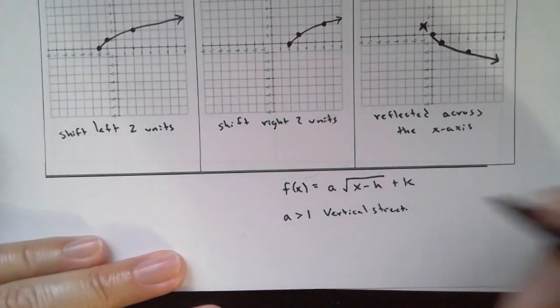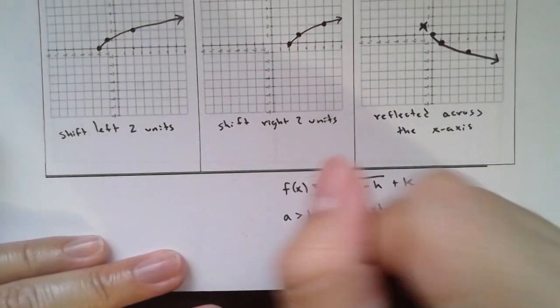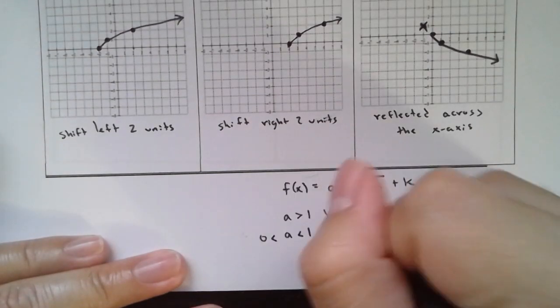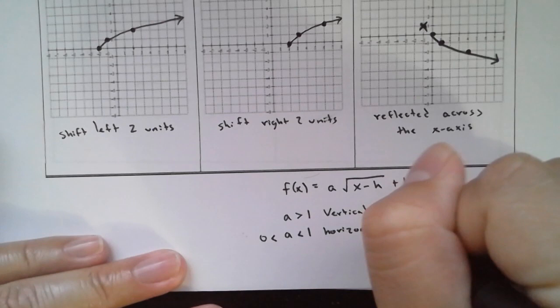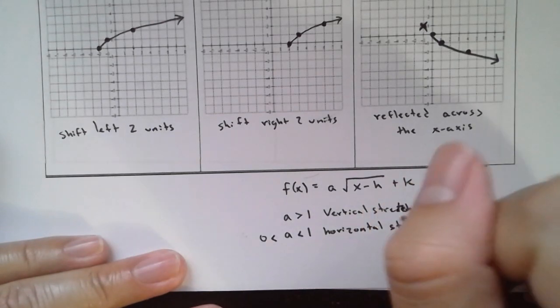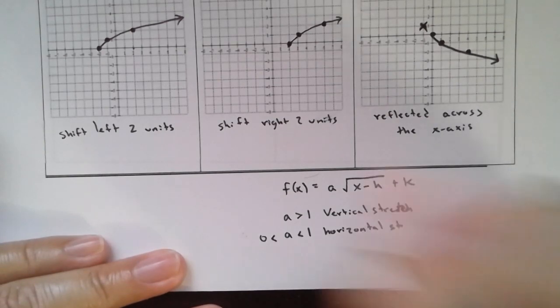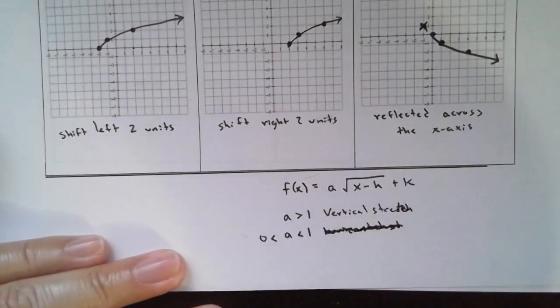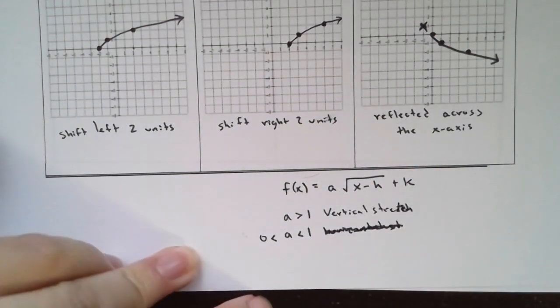Did I spell this right? No, I did not. Stretch. If a was less than 1 but greater than 0, we had a horizontal stretch. Whoops, not a horizontal. It's actually a shrink, a compression.